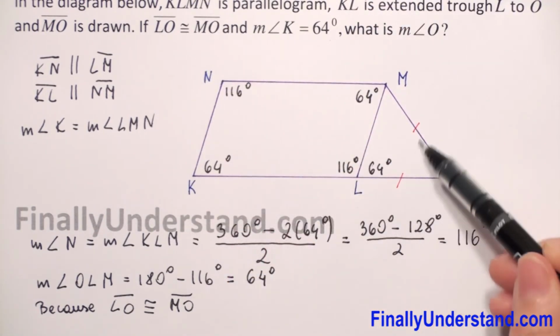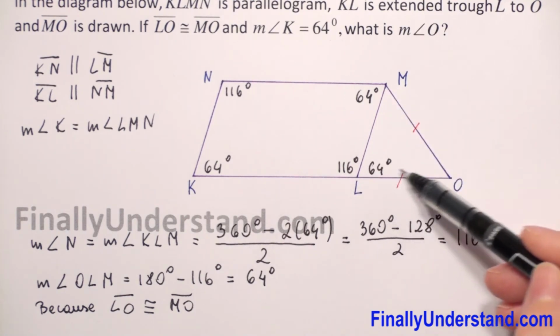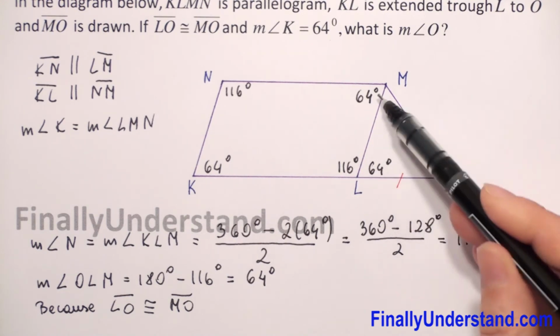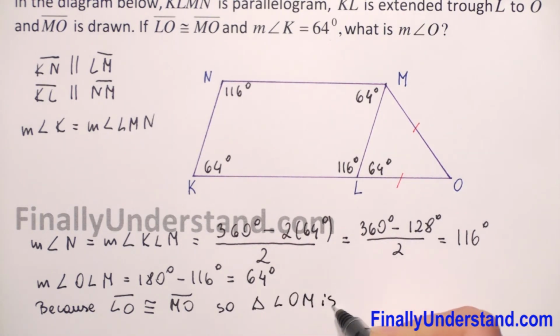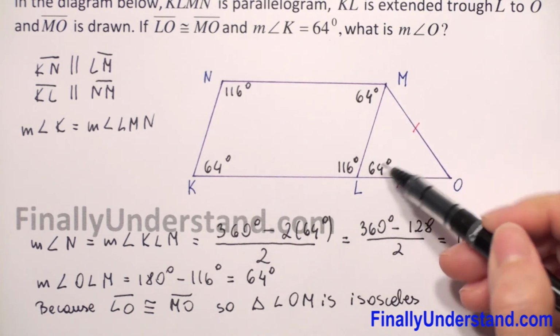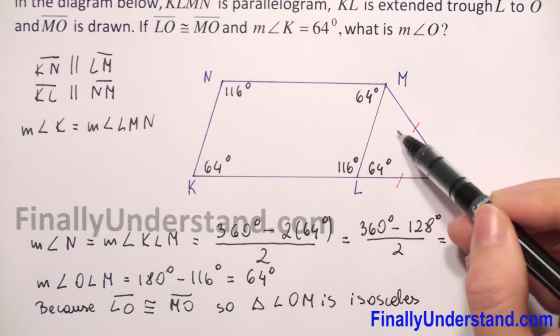When we have these two sides congruent, it means that we have an isosceles triangle. Triangle LOM is isosceles. Because this triangle is isosceles, these two angles are congruent.